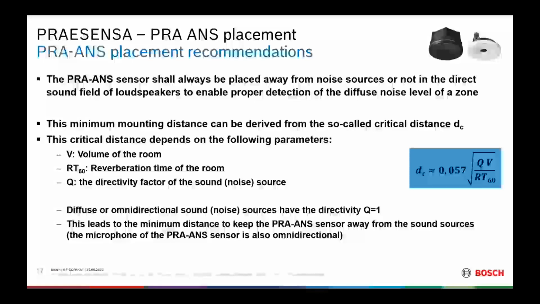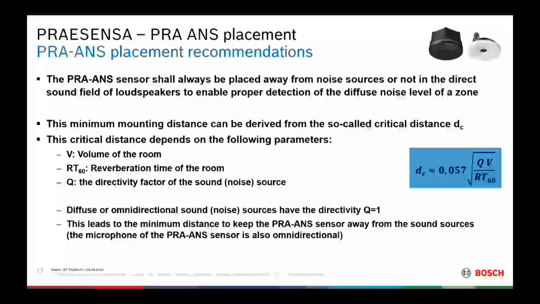If I have an omnidirectional source which distributes the sound equally in all directions, it could be very small ceiling speakers which have no directivity, for example, then the directivity factor is more or less 1. So it distributes all the energy equally in all directions. And here we also have to see the microphone of our sensor is also omnidirectional.